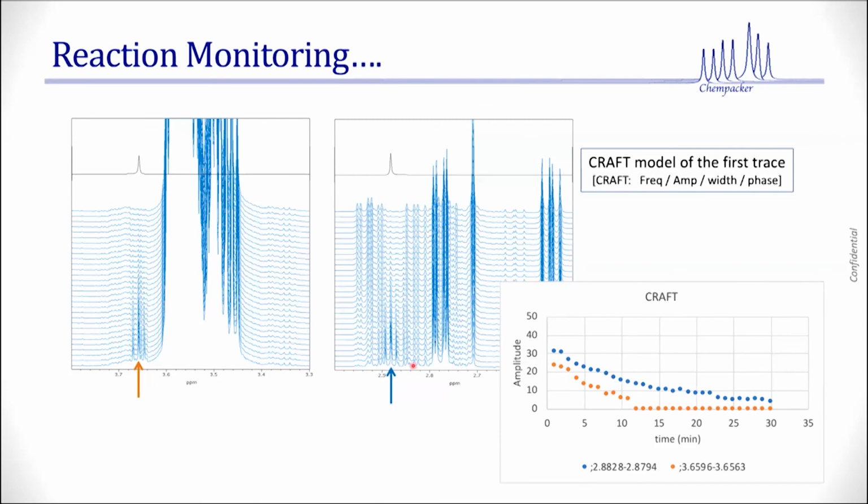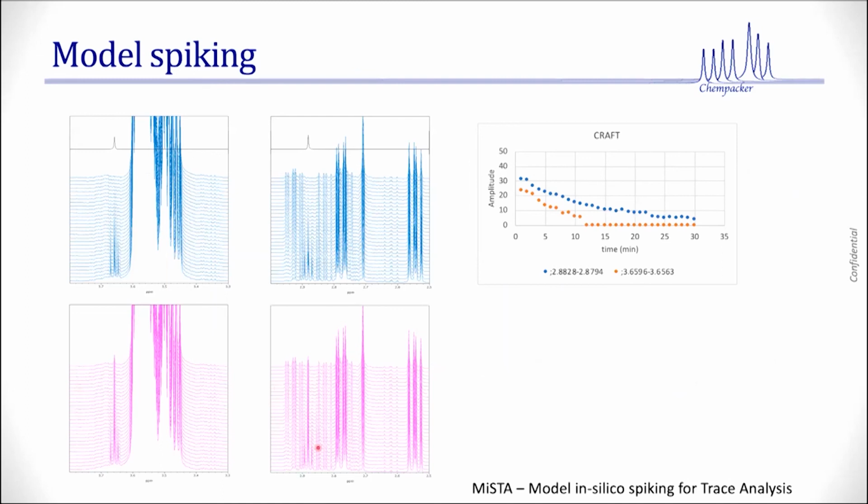I can add that one model to all the traces if I want, as long as I know how much I added. I added one equivalent of that model. So if you look at the pink traces here, that's a 1:1 ratio of that model to every one of those traces added. And same thing here.